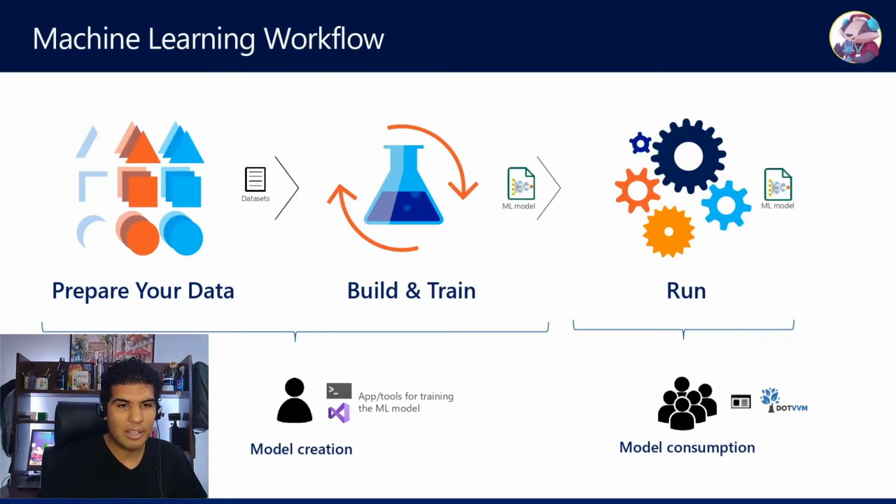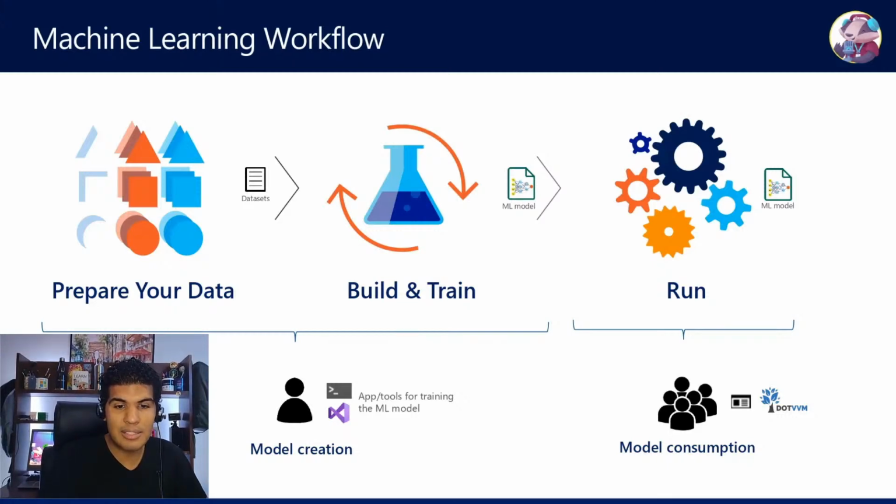In this way, as a first case, we need to create our model in ML.NET, and then we can consume the model, for example with .VVM, creating a web page to consume our model.